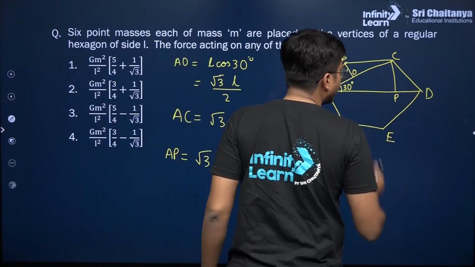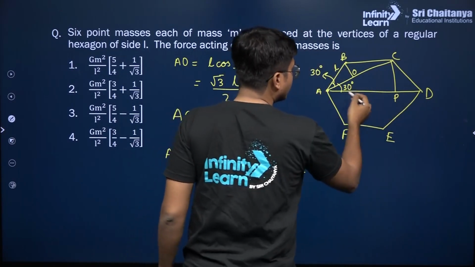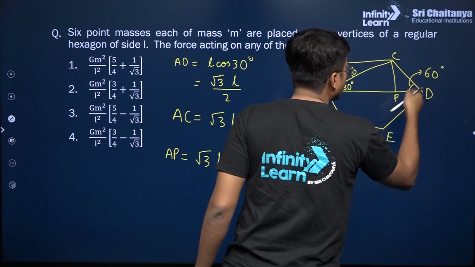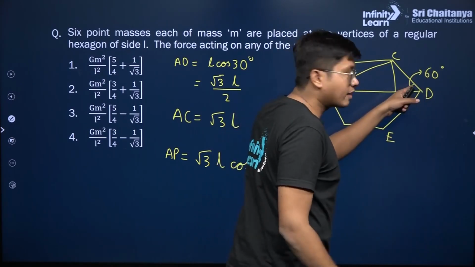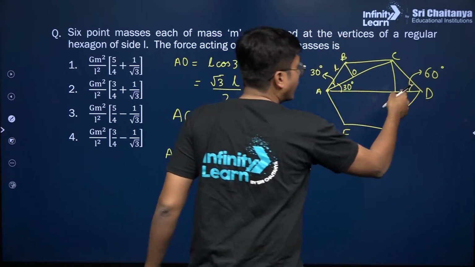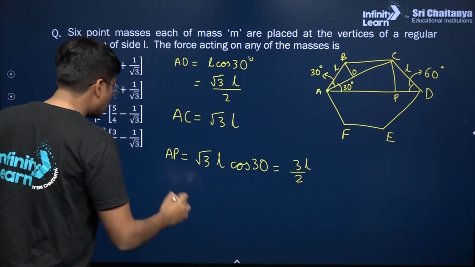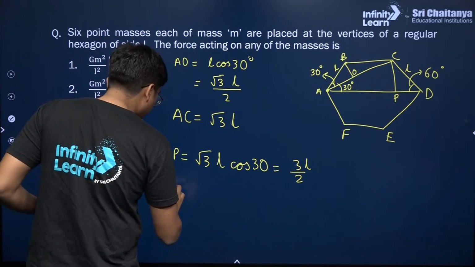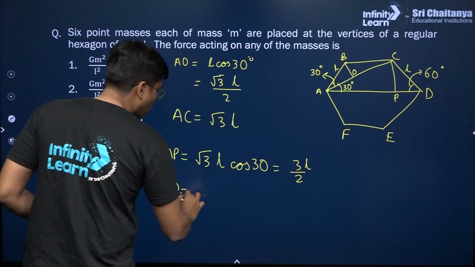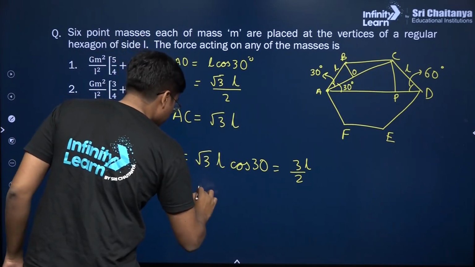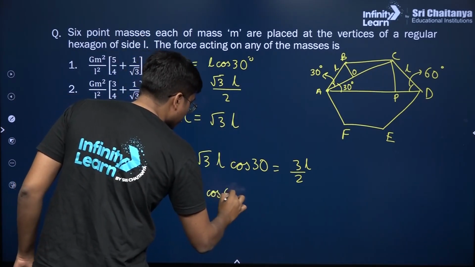Next thing we need is PD. Now over here, this angle is going to be 60 degree. Because the entire angle is 120 degree, that angle is going to be 60 degree over there. And over here we again know the hypotenuse L, which means our PD is going to be equal to L cos of 60.